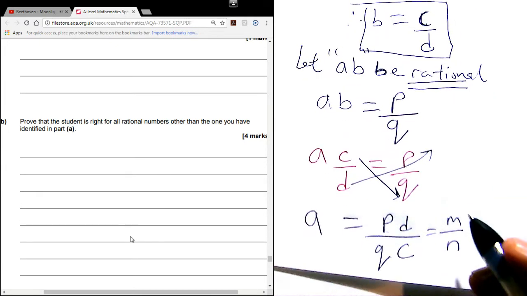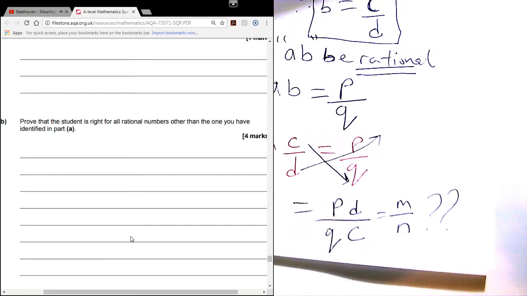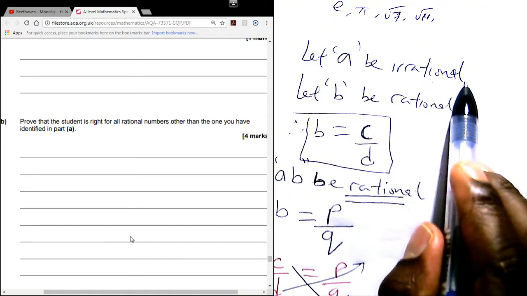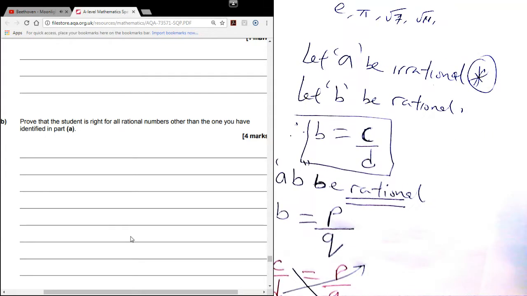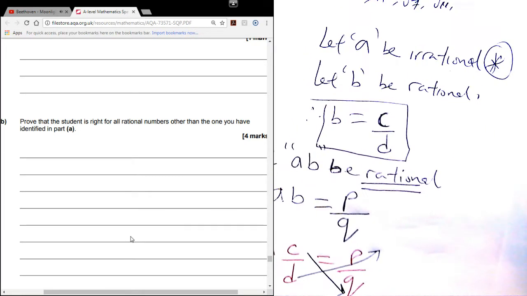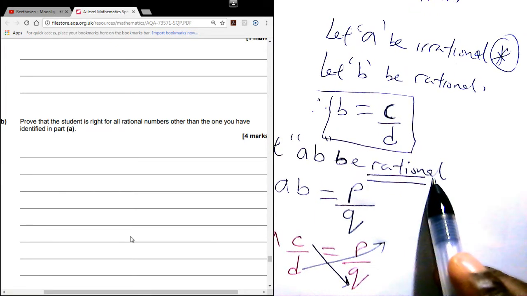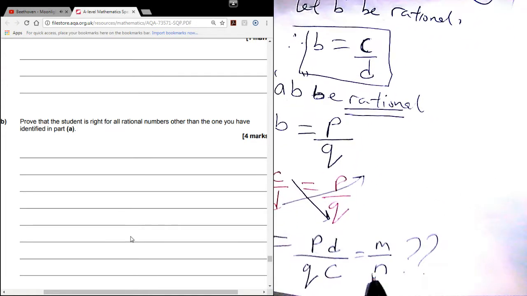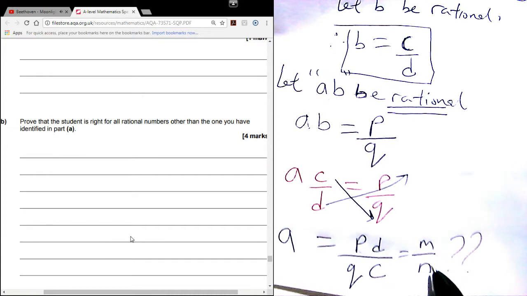And then we come to say, why? This is a contradiction to what we started with. We said let a be irrational, and then we assumed that ab could give us something rational if b is rational, and this ended up with something that tells us that a is actually rational.